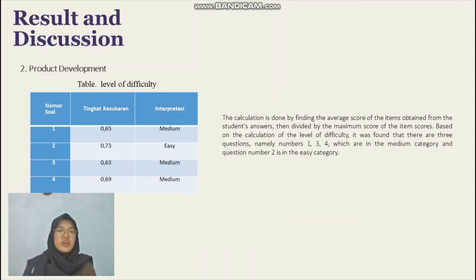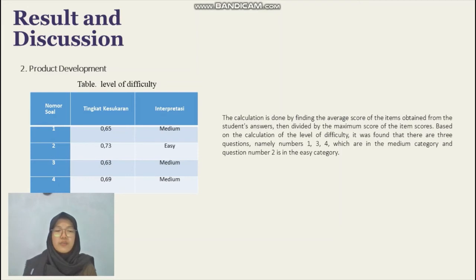And then there is the level of difficulty. Question number 1 has 0.6 with the interpretation medium. Question number 2 is 0.73 and its interpretation is easy. Number 3 is 0.63, medium.